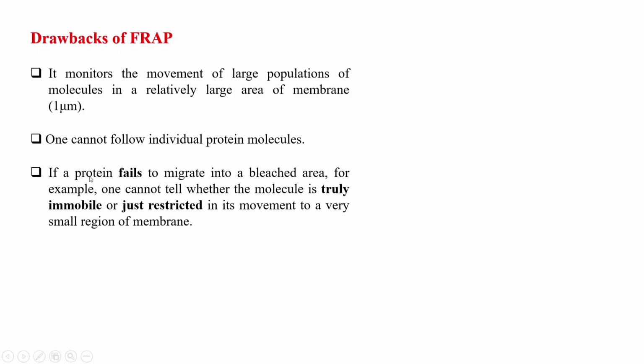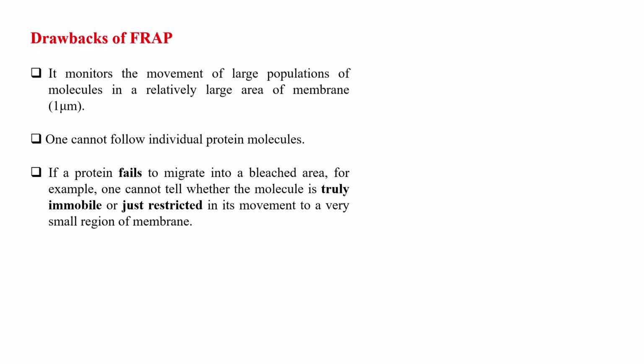Now, in this experiment in the case of FRAP, if a protein failed to migrate into the bleached area, for example, one cannot tell whether the molecule is truly immobile or just restricted in its movement to a very small region of the membrane, because I have mentioned previously that proteins are mobile in a very restricted area that is about 0.5 micrometer in diameter.